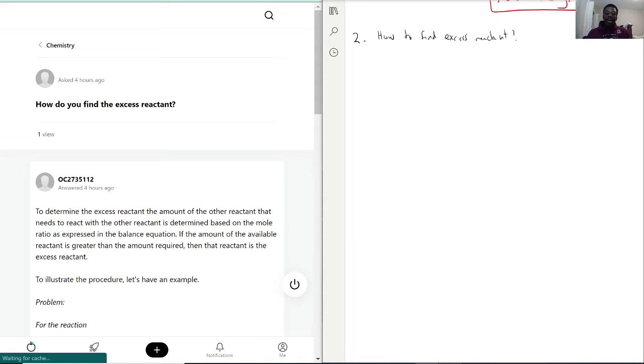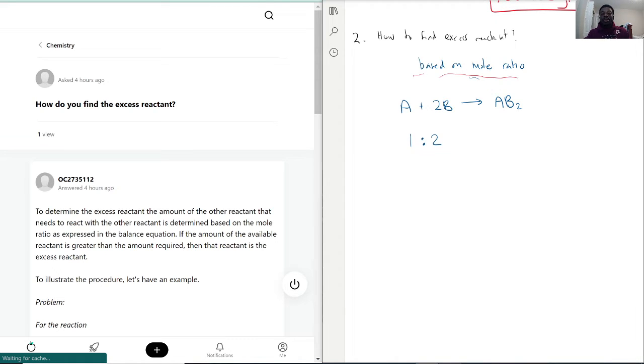For example, if I had A plus 2B turns into AB2, okay? For every mole I had of A, I needed 2 moles of B. So when I say based on the mole ratio here, I mean that this has to be kept 1 to 2.